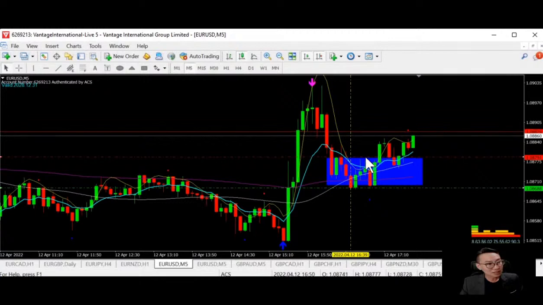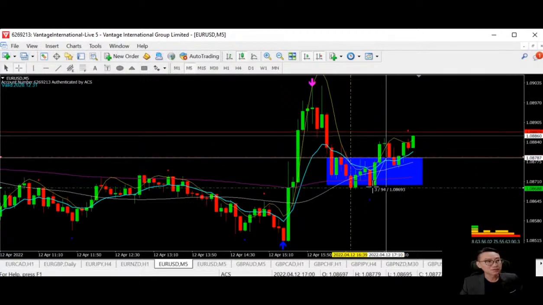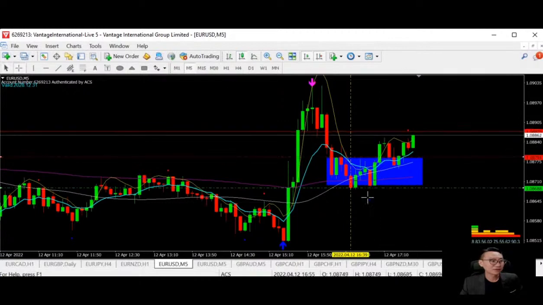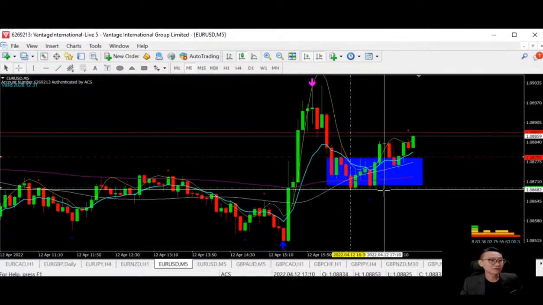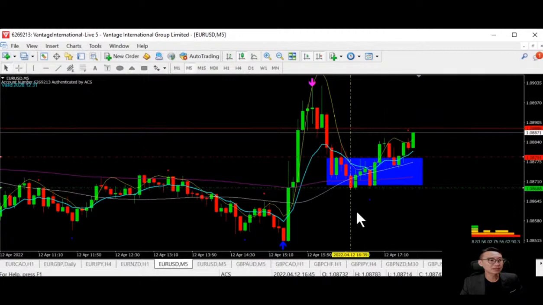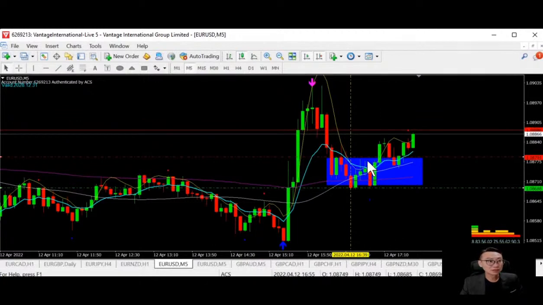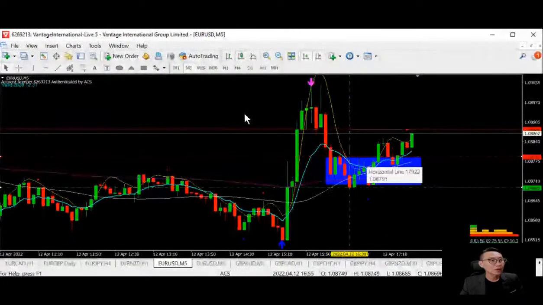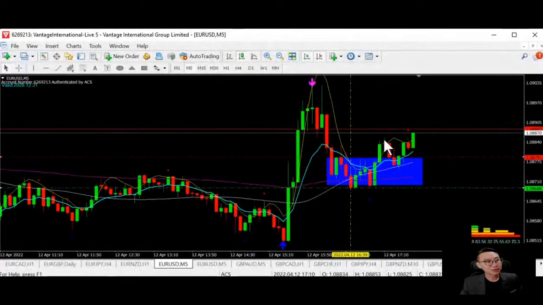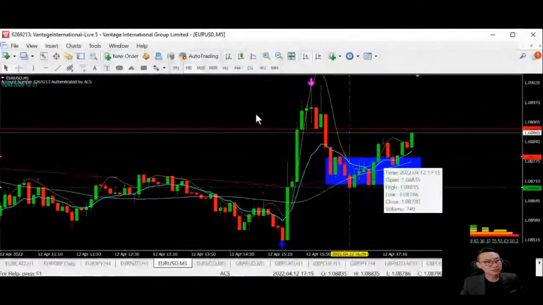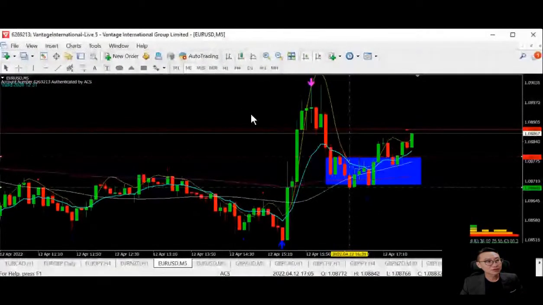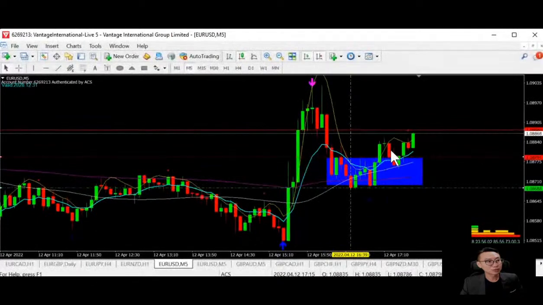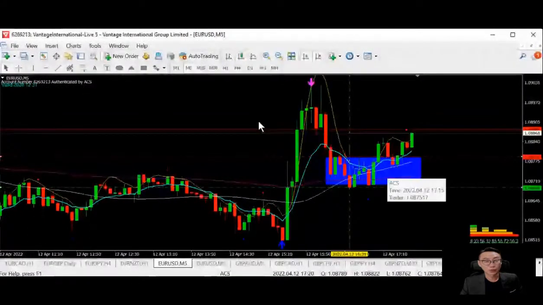But if the resistance area is still within the number of pips that you can stomach, okay, 9 pips, and we are aiming for 15 pips, I think 9 pips is still sustainable. Then you can wait for a while. If it breaks out and comes back on the resistance, which will start to build as a support, but it doesn't, it came down, then we can wait.